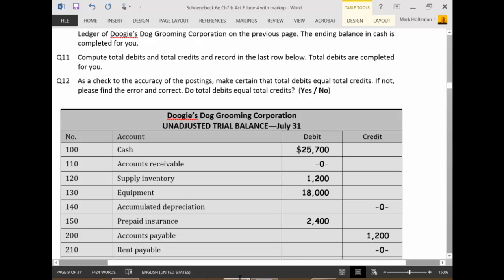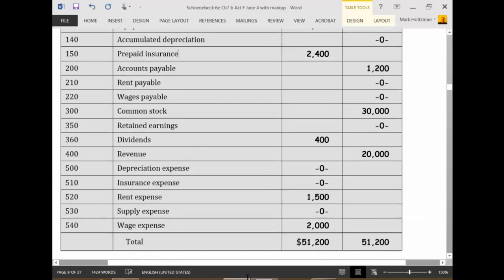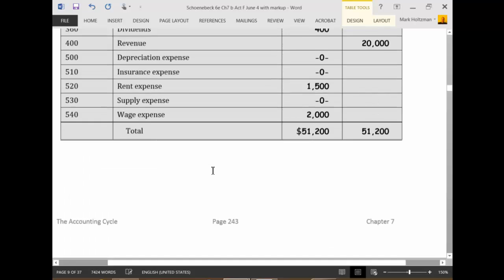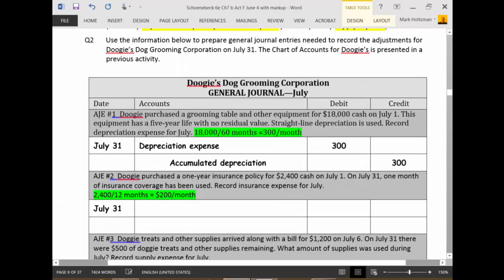First of all, how do I reduce the account prepaid insurance by $200? Do I debit it or do I credit it? I credit it. Right now it has a debit balance of $2,400. I need to take $200 out, so I'm going to credit prepaid insurance for $200, and that has the effect of taking $200 out of the account prepaid insurance.